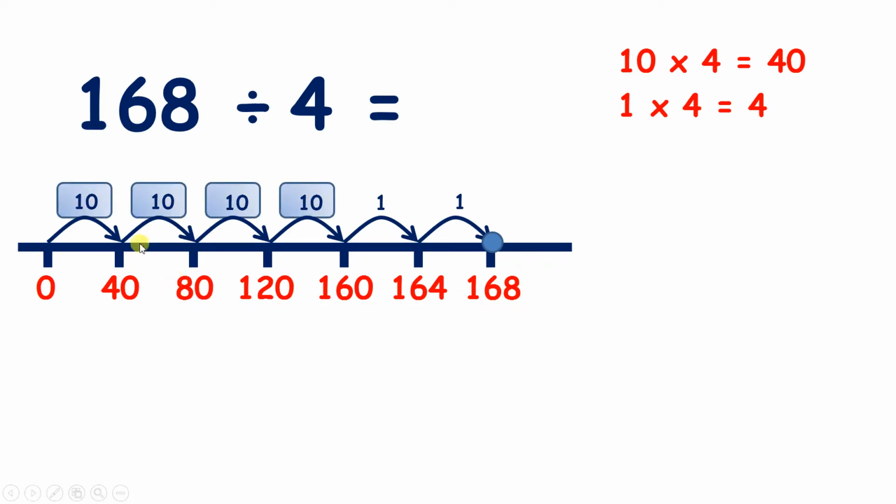So we counted 10 steps of 4, 4 times, so we counted 40 steps of 4, and then we counted 2 steps of 4, so altogether we needed 42 fours to get to 168. So 168 divided by 4 equals 42.